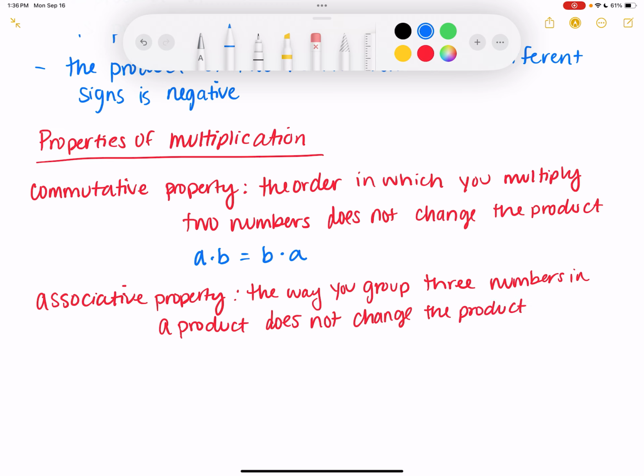So for example, if I have A times B in parentheses times C, that's the same as if I have A times, in parentheses, B times C.